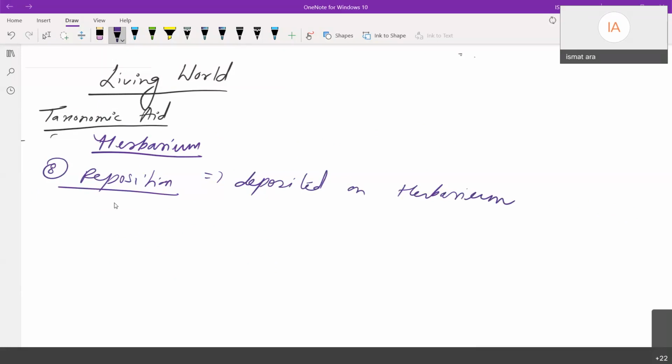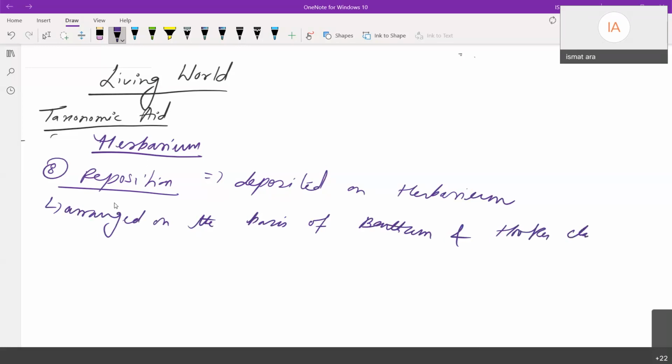They are arranged on the basis of, as I already told you, Bentham and Hooker classification.